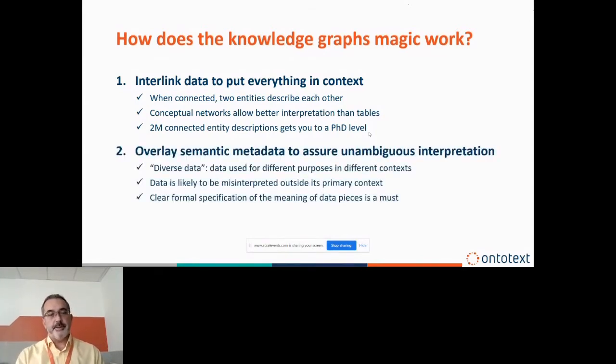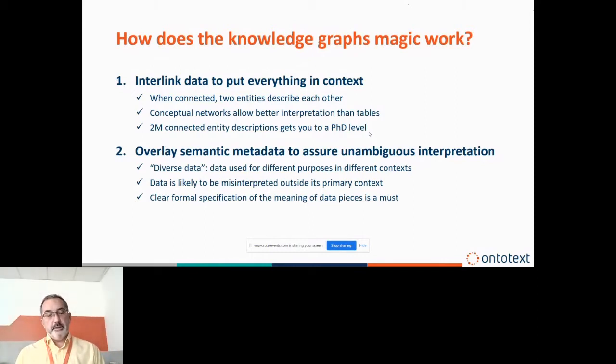The second thing is semantic metadata. So provide rich descriptions about the data coming from different sources so that you can use them together. Because speaking of diverse data, this just means that these are data which are developed separately in separate systems for different purposes, most probably in different divisions in your organizations.